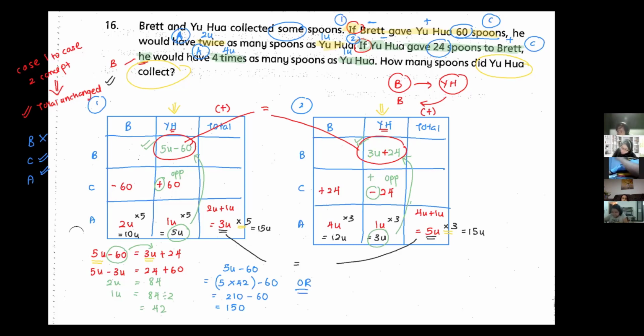Or you can choose 3 units plus 24 equals to 3 times 42 plus 24 equals to 126 plus 24 equals to 150. So you can use either one because both of them get the same answer, 150. All right?